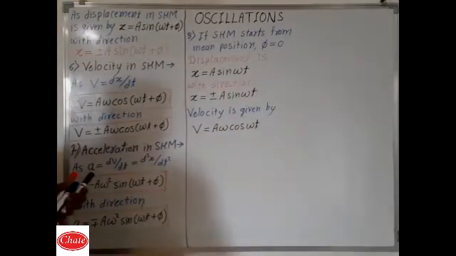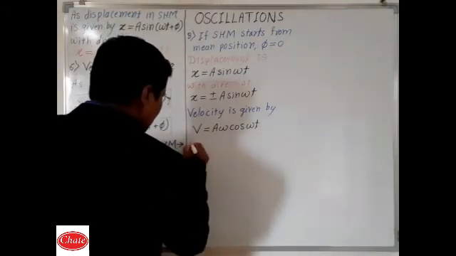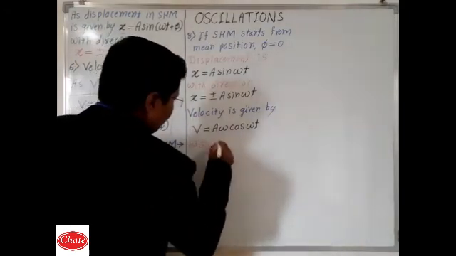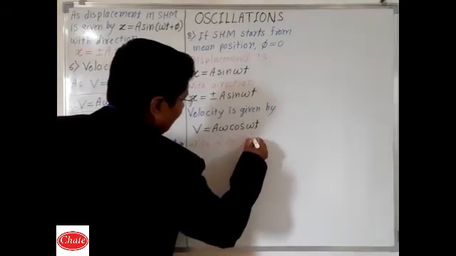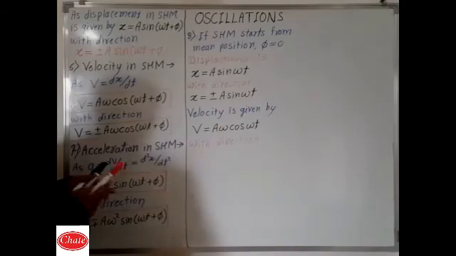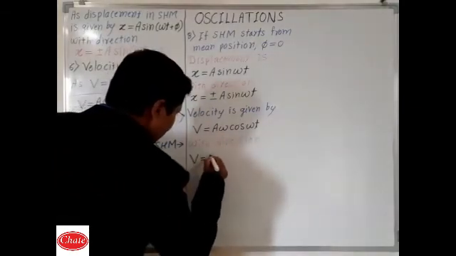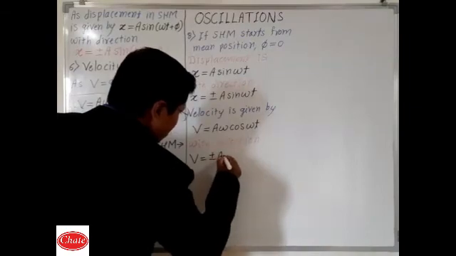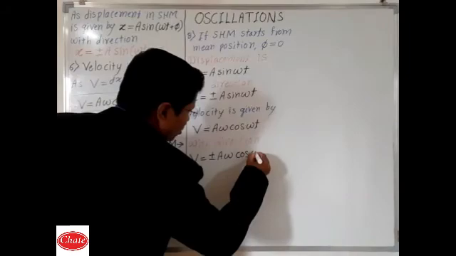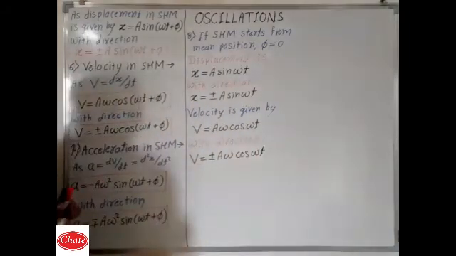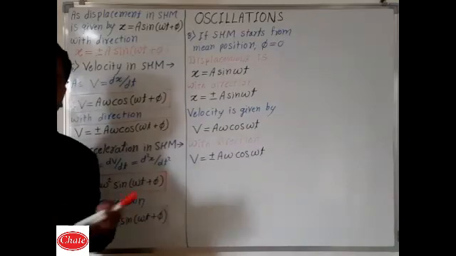And with direction you can write that is v equal to plus or minus a omega cos omega t. समजलं? yes or no? velocity इक्वेशन मिळाले with direction.